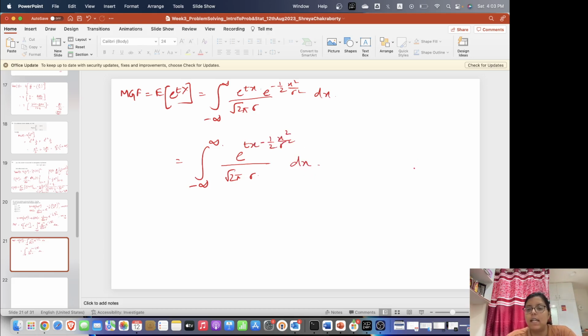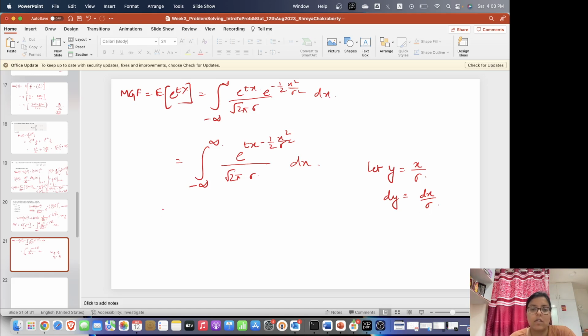Now let us assume y equal to x by sigma. Then dy would be dx by sigma.